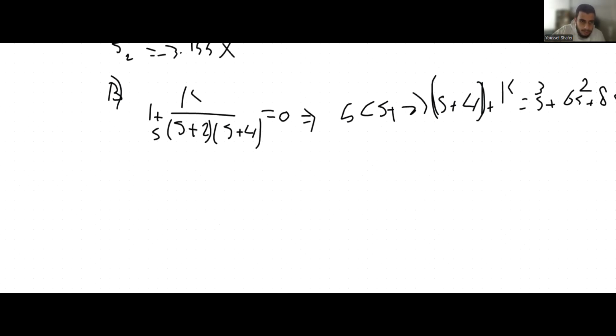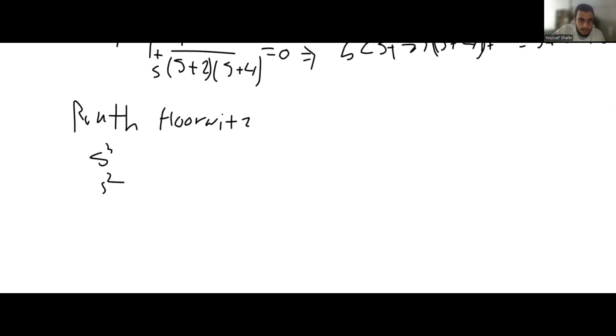We will just go forward with the Routh array from s cubed, s squared, s power 1, s power 0.